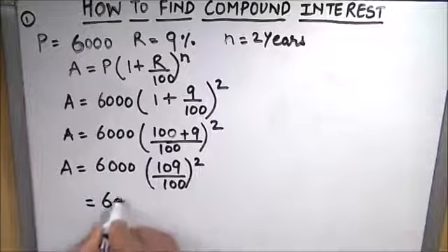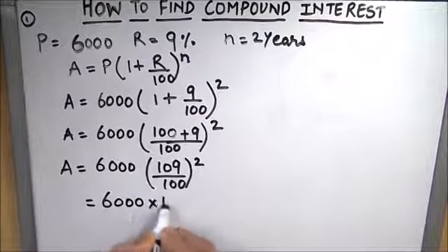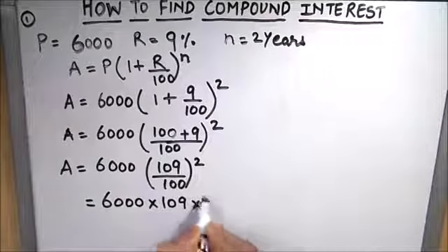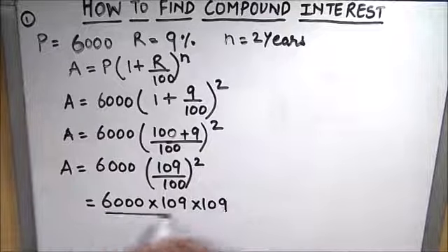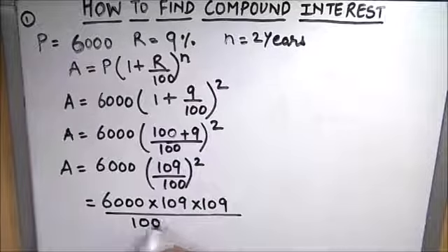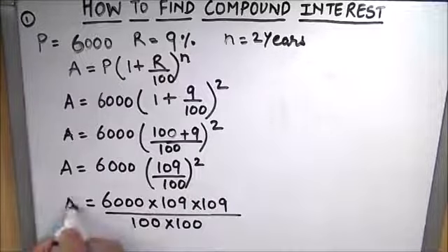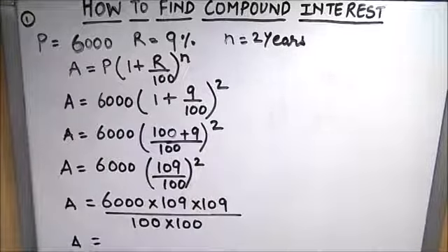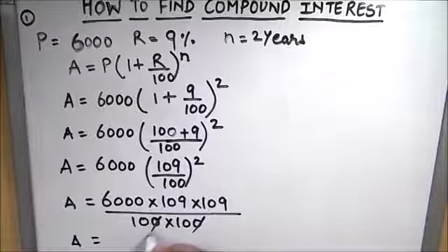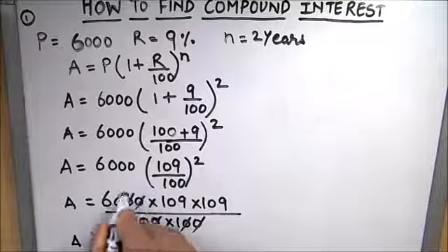Now after solving, this gets multiplied 2 times, and 100 times 100. So our amount will come out to be, 3 zeros get cancelled.